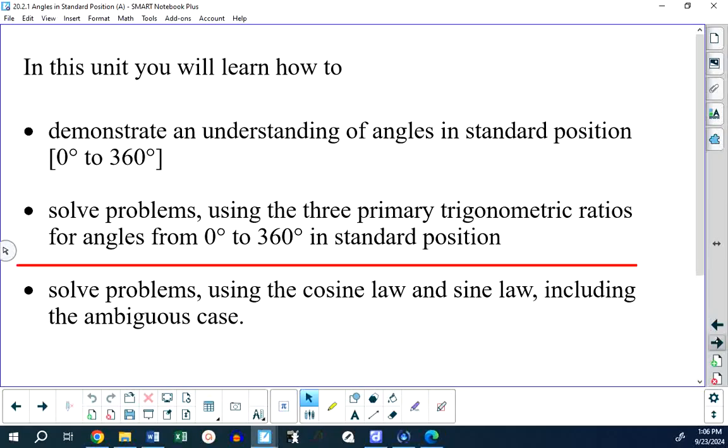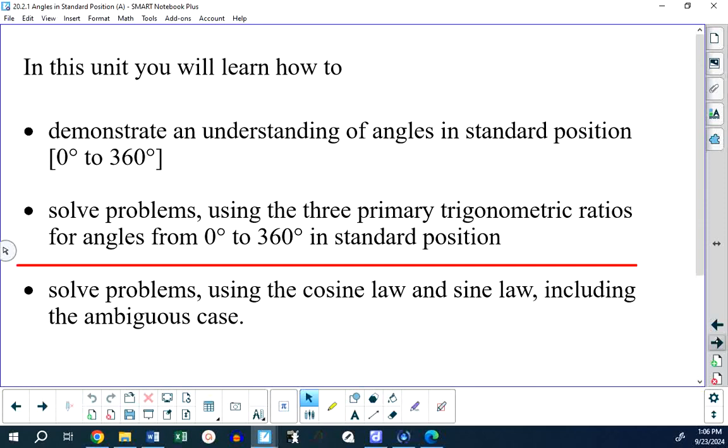What's below the line is there's a branch of trigonometry that deals with triangles, but the triangles are not right triangles. So when you talk about a triangle that is not a right triangle, there's no hypotenuse. There's no idea of an adjacent or an opposite side. It doesn't work that way. But we can still use trigonometry to find missing pieces of triangles.